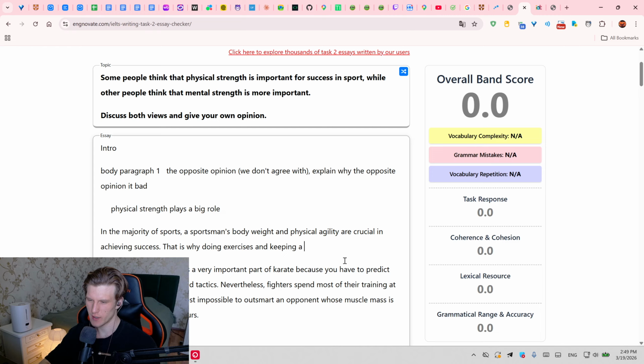Keeping a diet, right? It's the right to follow a diet. No, to keep a diet. To have a diet. I could have said to stick to a diet, but that sounds informal to me. Keeping a diet. Strict diet.